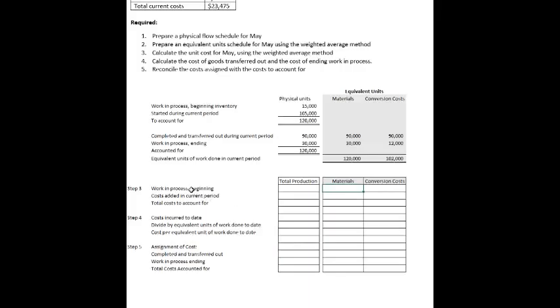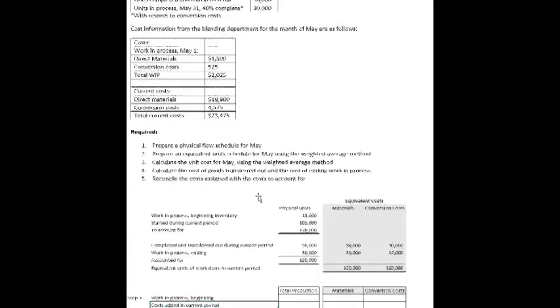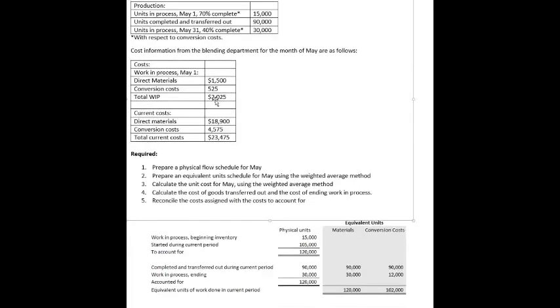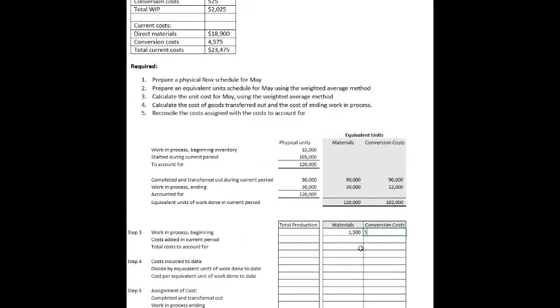So what we do have here are two separate cost categories. Some costs came in from beginning work in process, and some costs came from what we added in the current month. And the costs that were sitting in the beginning work in process are summarized right here. So we have $1,500 for materials, and $525 in conversion costs.